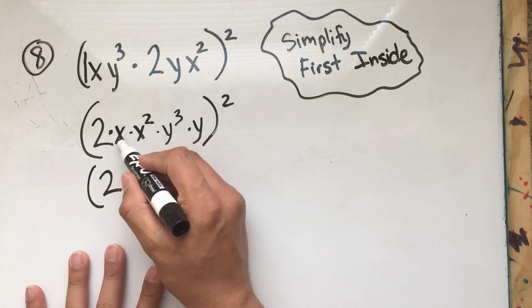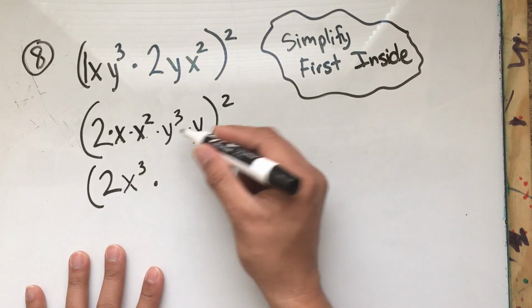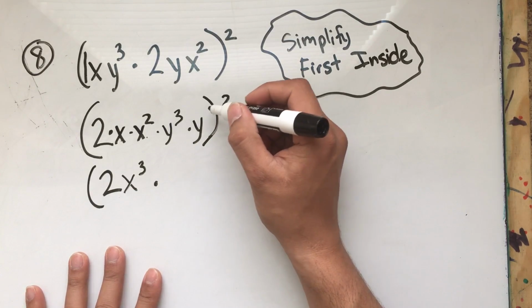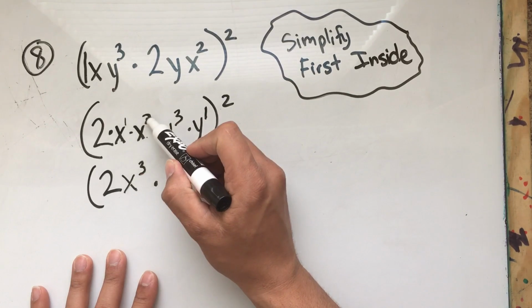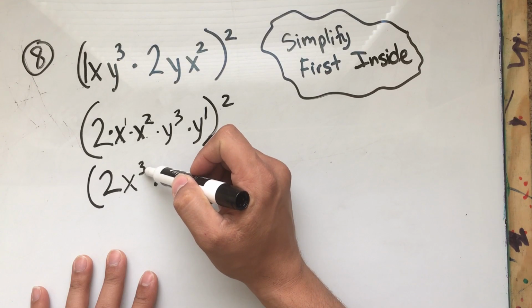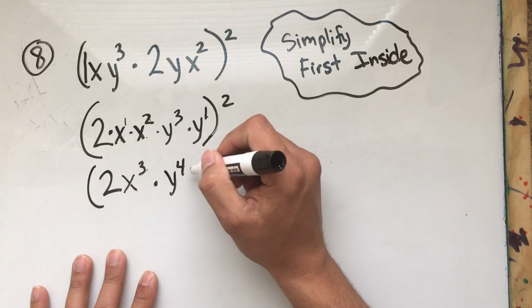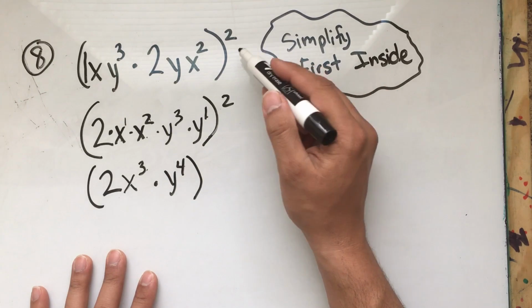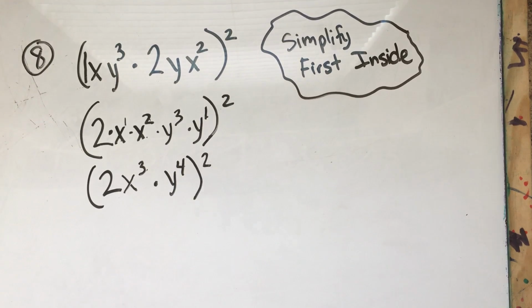It's going to be 2x times x squared is going to be x to the third times y to the third times y. Remember, there is a 1 there. 1 plus 2, that's where I got the 3 from. 3 plus 1, that becomes y to the fourth. And again, the power is still the same on the outside. The power is still 2.